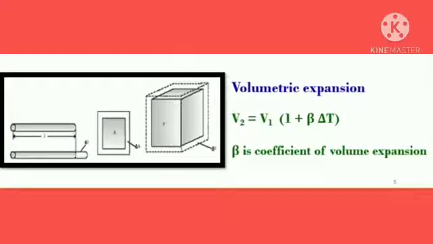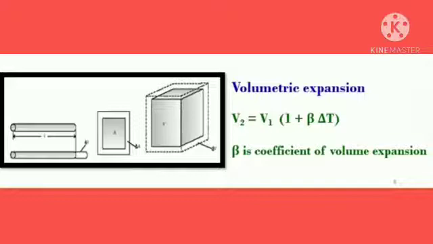Volumetric expansion of solids. Similar to a sheet, a three-dimensional piece of a solid expands on all sides when heated and its volume also increases. This is called the volumetric expansion of a solid.